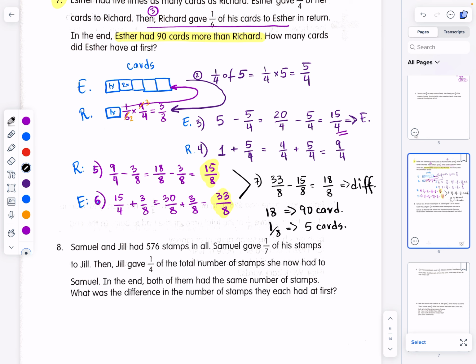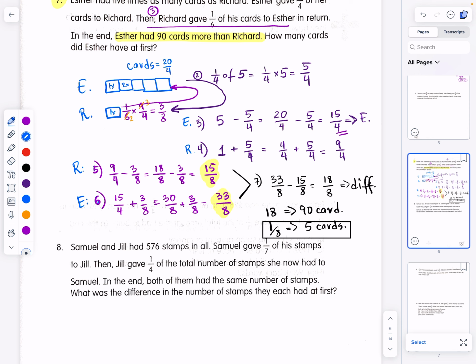My friends, the final thing. How many cards did Esther have at first? Remember, she had 5 units or 20/4. So this is an important piece of information. Esther used to have 5 units, right? Which is 20/4. We learned that about her.